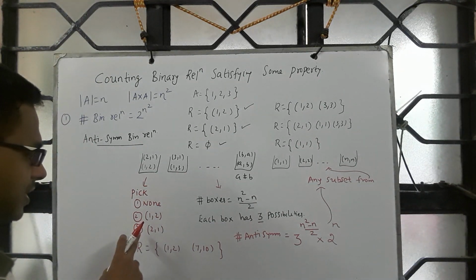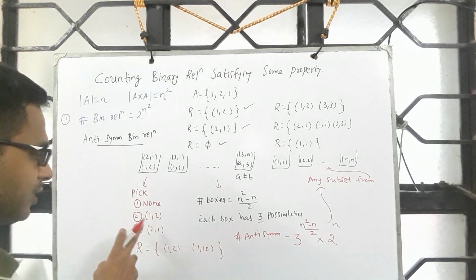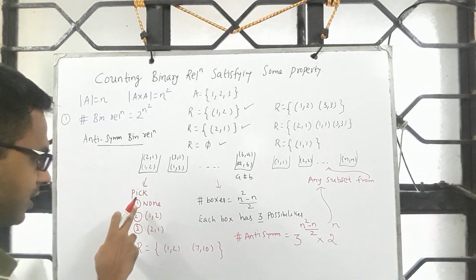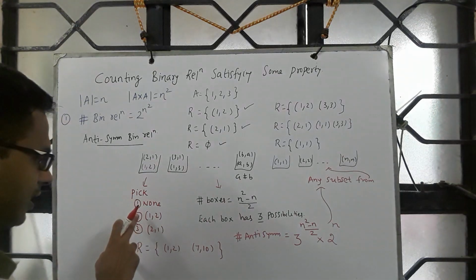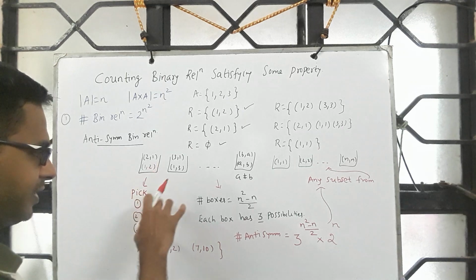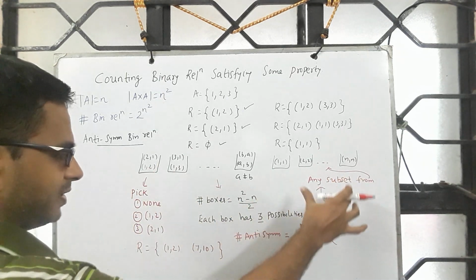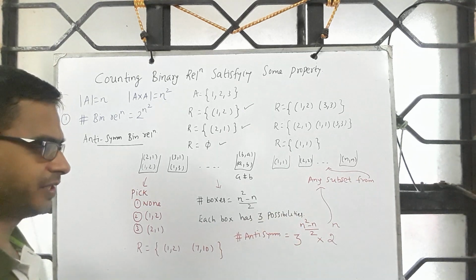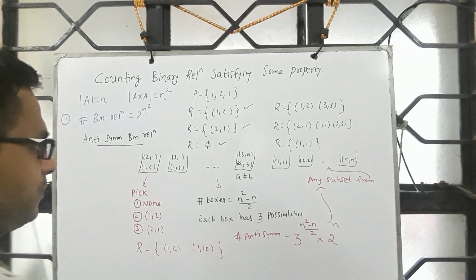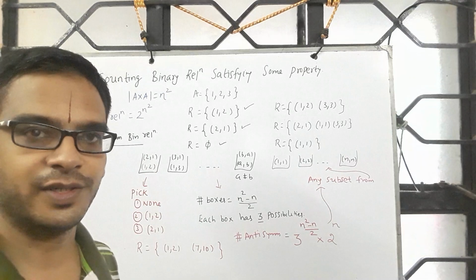And by definition, I should not have AB and BA. And so there are 3 possibilities, neither AB nor BA, or AB or BA. So each one has got 3 possibilities. With that, you can take any subset, so you get this many relations. So this many relations are there satisfying antisymmetric property.